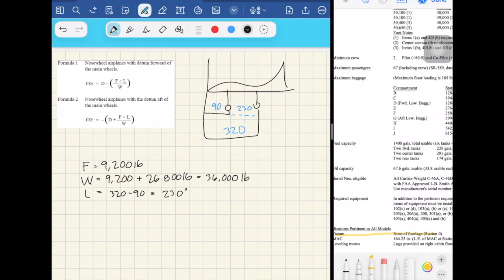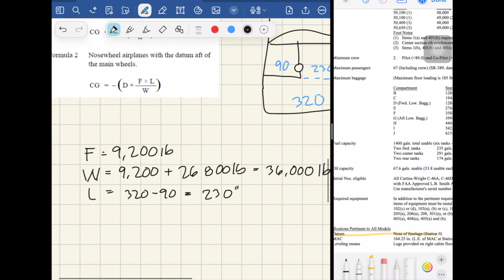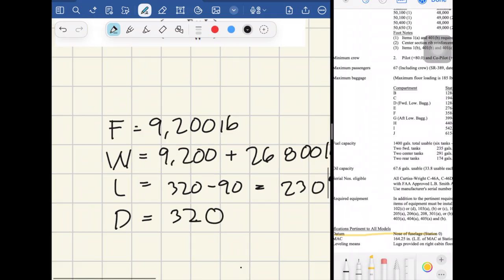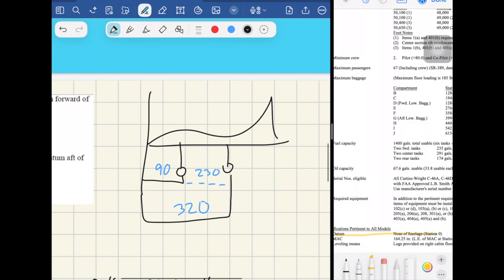And for the final missing value, D, the distance from the main landing gear to the datum, D equals 320, since that is the value of the main landing gear from the datum in our visual representation.